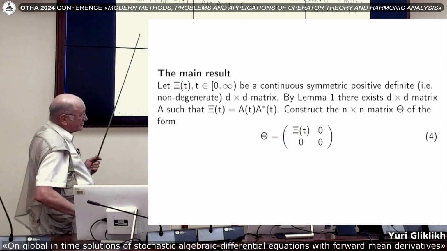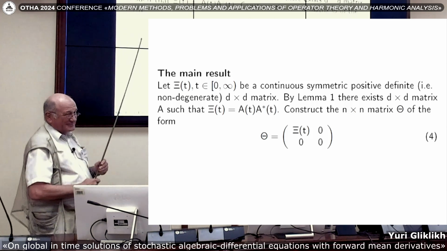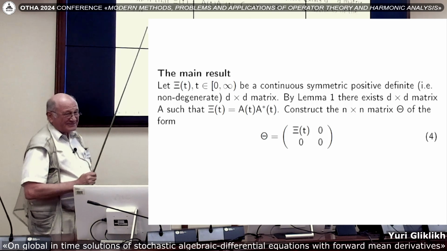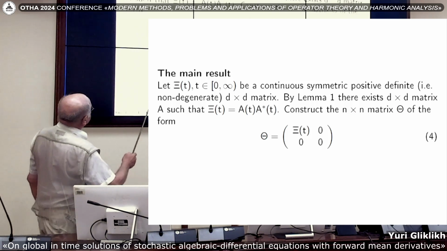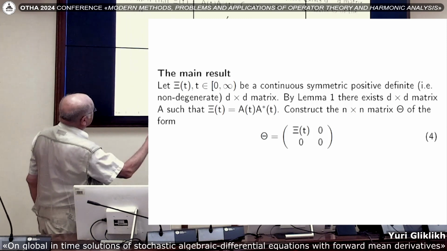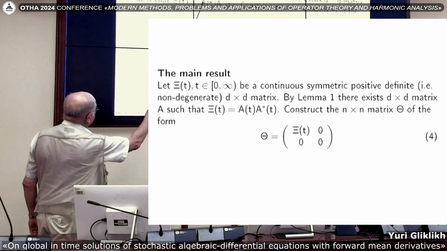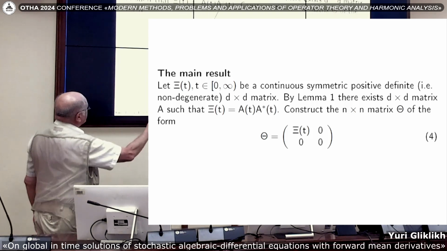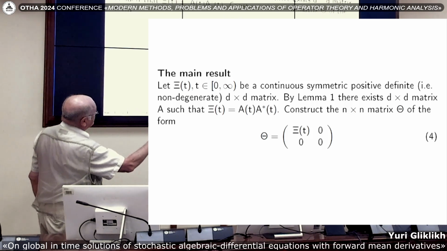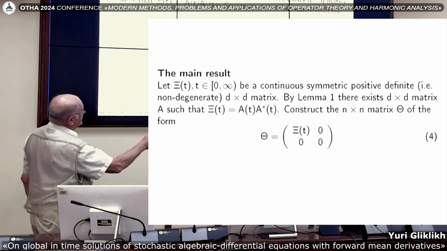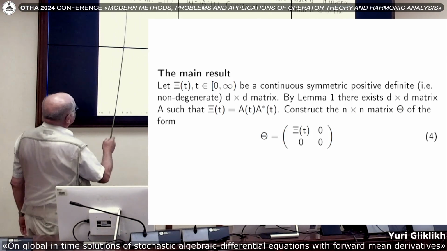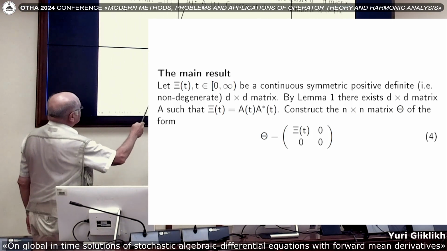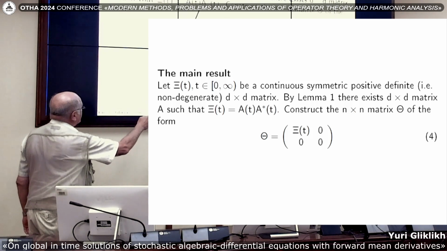And now we are in a position to deal with the main result. Let Xi be a continuous, symmetric, positive definite D by D matrix. By lemma 1, which was above, there exists a D by D matrix A such that Xi is a multiplication of A with A conjugate.